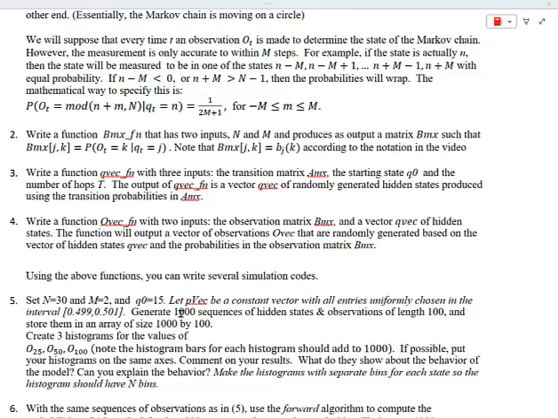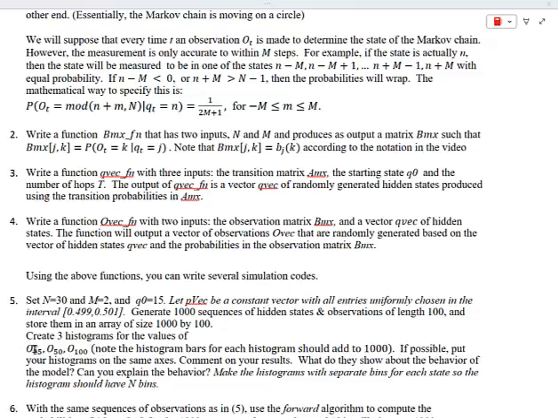So what you want to do is generate 1,000 sequences of hidden states and observations of length 100. So 1,000 qvecs and 1,000 ovecs. And each sequence will have length 100, and you'll store them in an array of size 1,000 by 100. Okay. Now then create 3 histograms for the values of O25. What is O25?